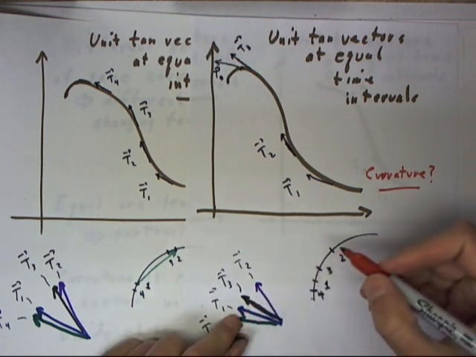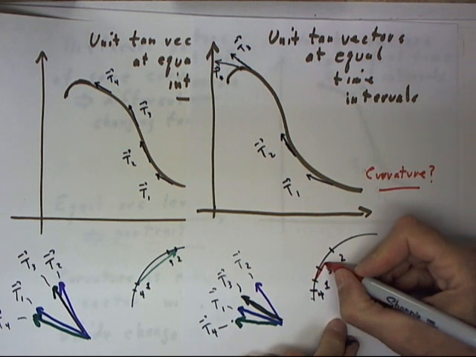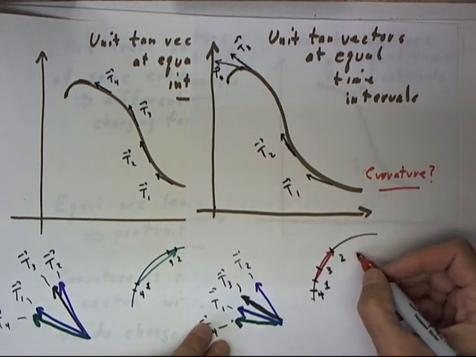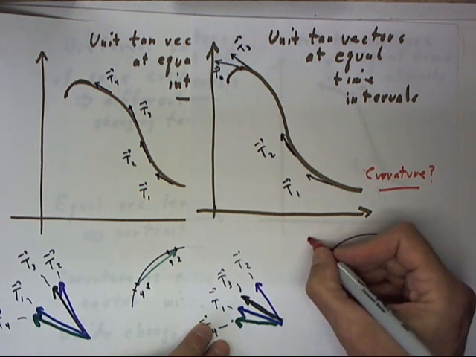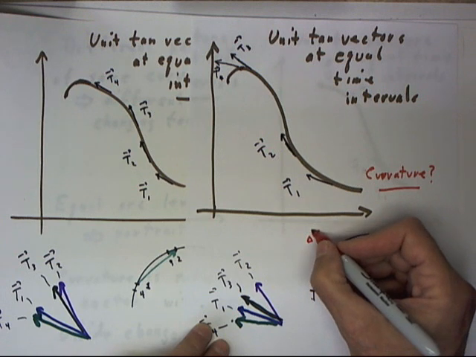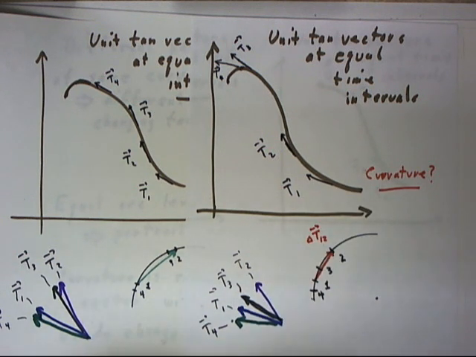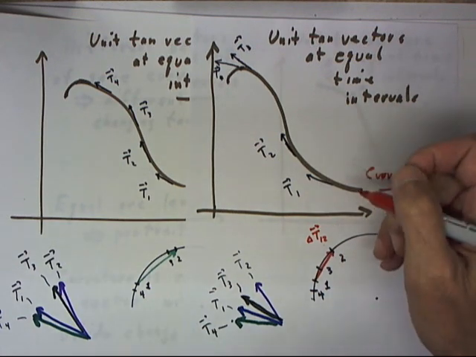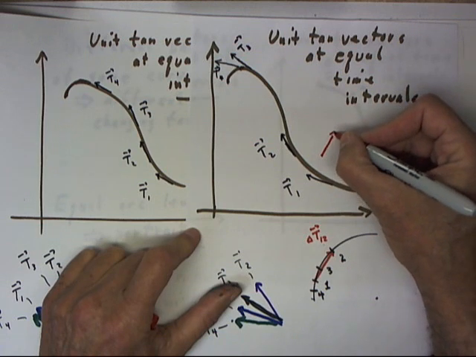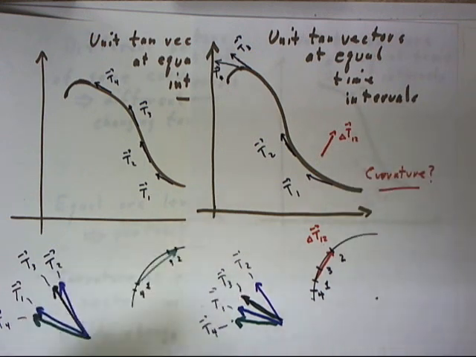So between T1 and T2, the vector that indicates our change is going to be this, and we could call that delta T1,2. And use a red color to indicate that. So between 1 and 2, our delta T1,2 looks like this.